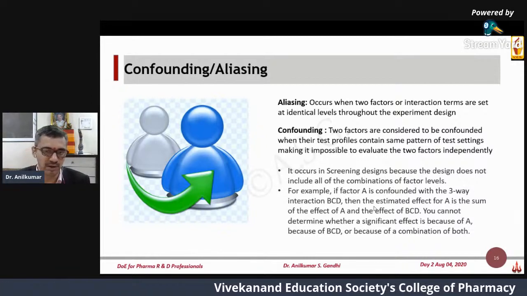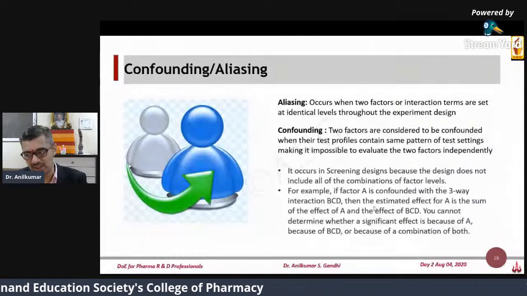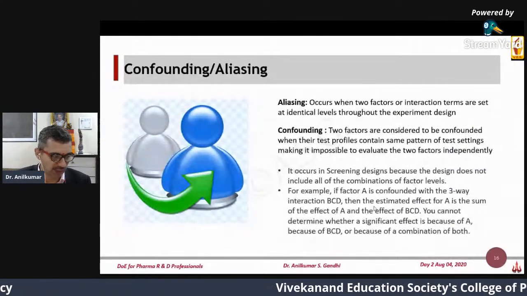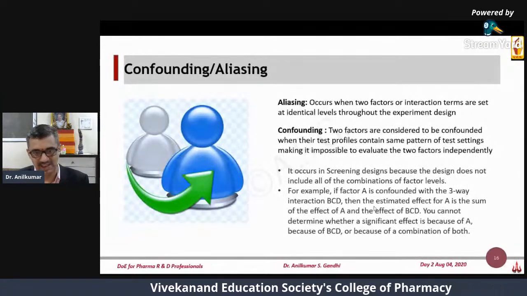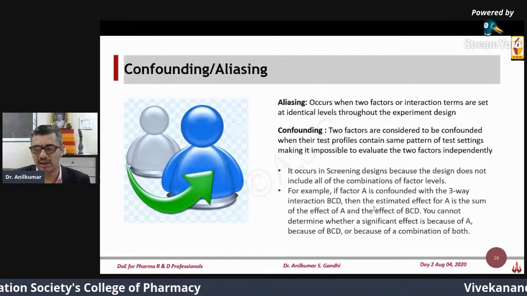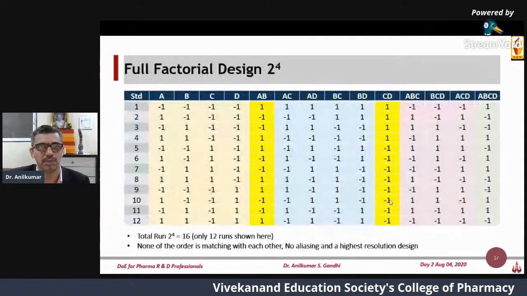If you remember, effect is determined by subtracting the low level values from the high level values, as I had explained yesterday. Again, if it is not clear, do write to us in the chat box. We'll come back to it maybe tomorrow again.